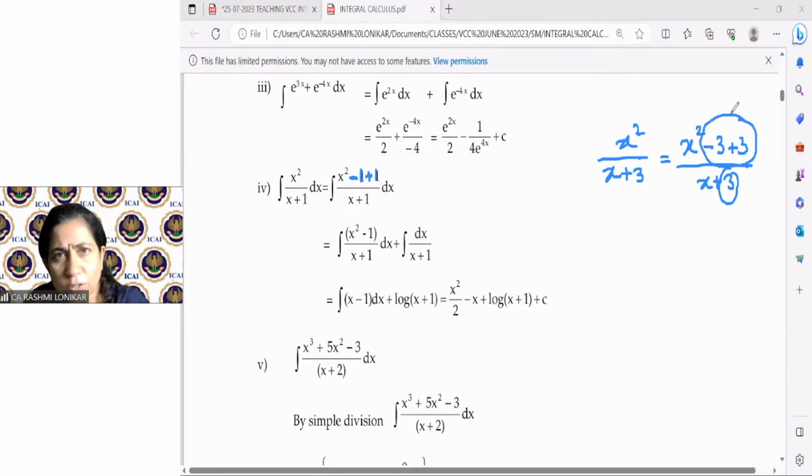If you are able to do it 100%, this is the simpler way. But if you don't know, or can't remember, at that time you can do division. At least every one of us knows division. So at that time, I will do this. Okay, this is the simplest and easiest way to do it if I don't remember this method, plus minus 1. Okay.